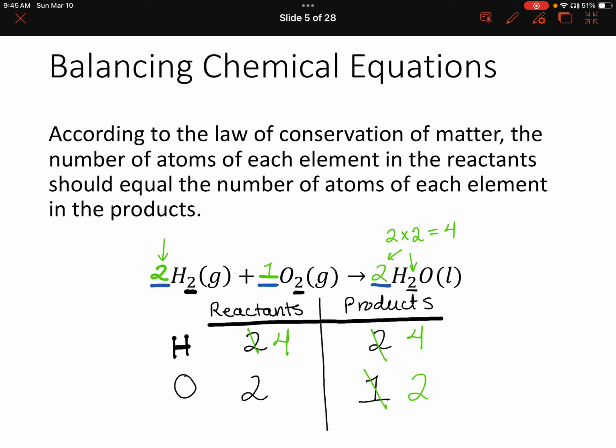So now we have a ratio of 2 H2 molecules reacting with 1 O2 molecule to create 2 water molecules. And this will become important later when we start trying to figure out how many product molecules we might make or how many reactant molecules we need.